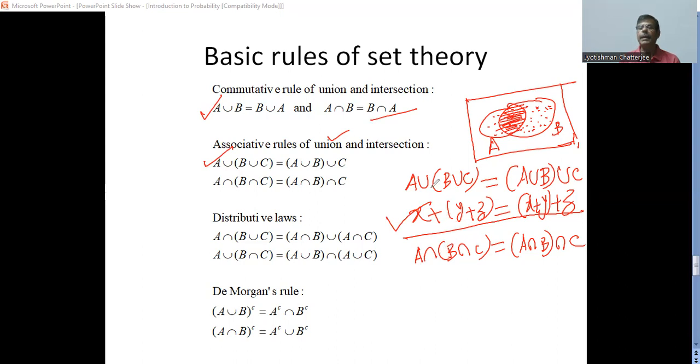Here, either union or intersection will play the role of plus. Typically, you can compare intersection with dot or multiplication. In that case also, X into (Y into Z) is equal to (X into Y) into Z. That way you can remember.